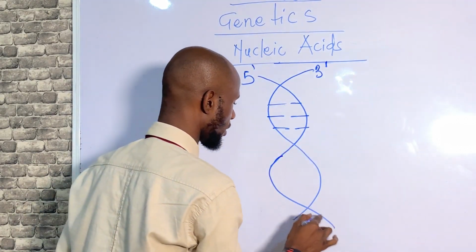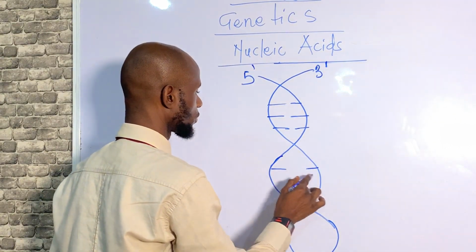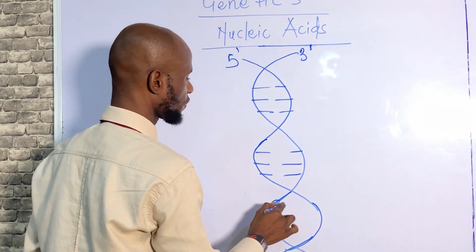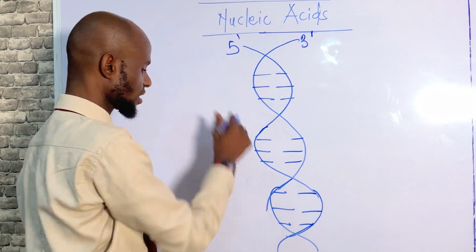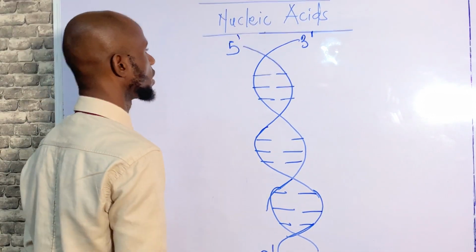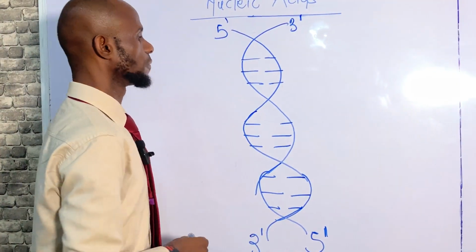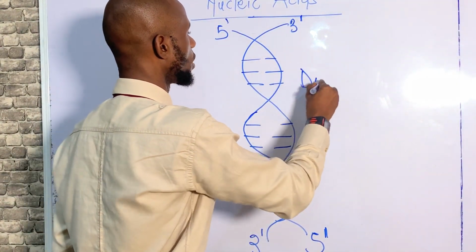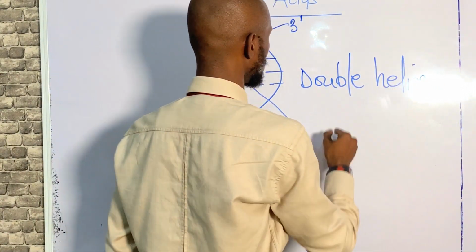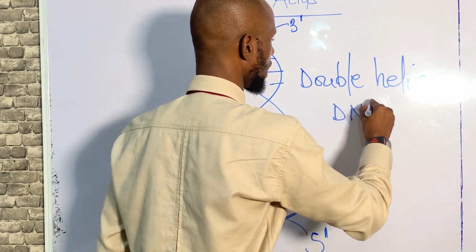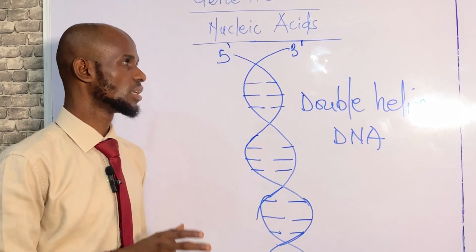You continue like this, which forms a double helix structure. If 5 prime starts here, then 3 prime is going to end here. If 3 prime starts here, then 5 prime is going to end here. So this is the double helix structure of DNA.